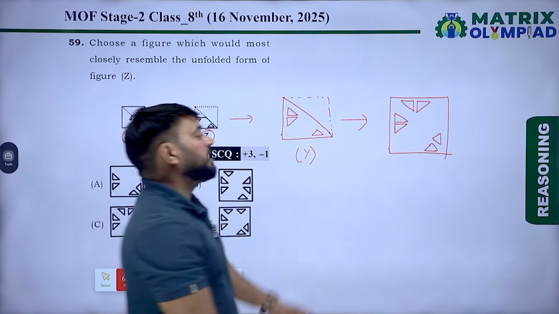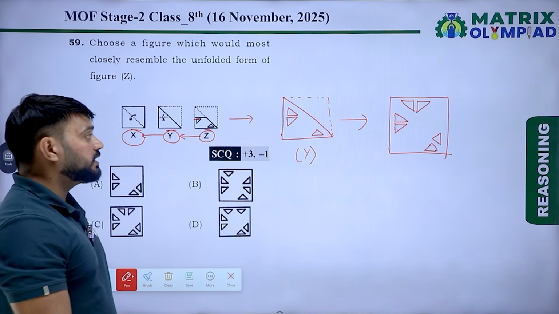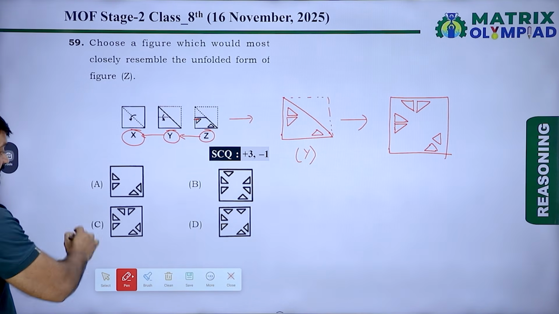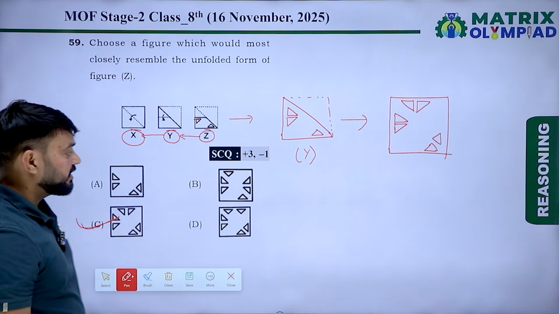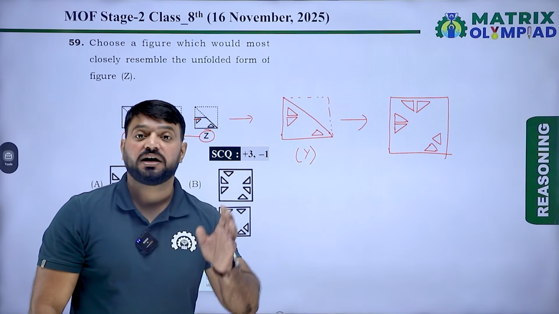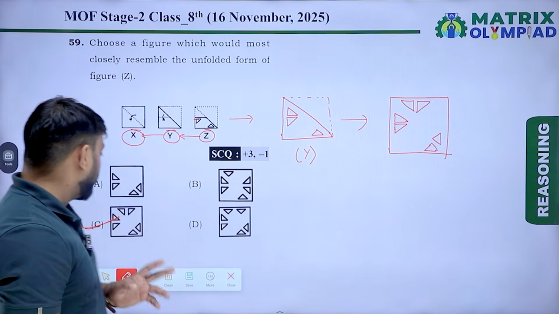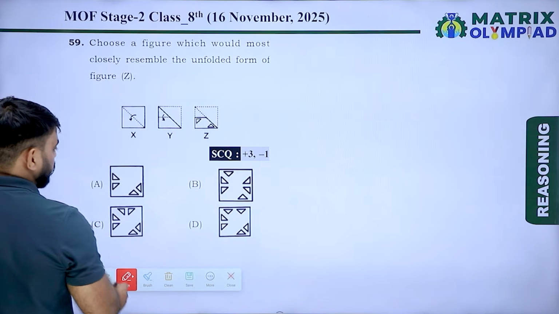This is the correct unfolded sheet after the cut. So here option C is the correct answer because option C shows the correct unfolded sheet after the cut. Let's move on to the next question.